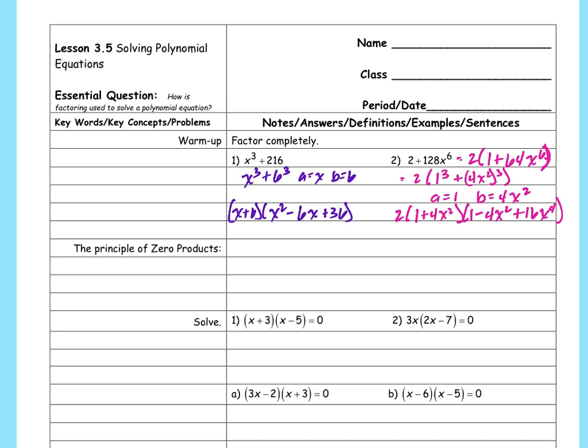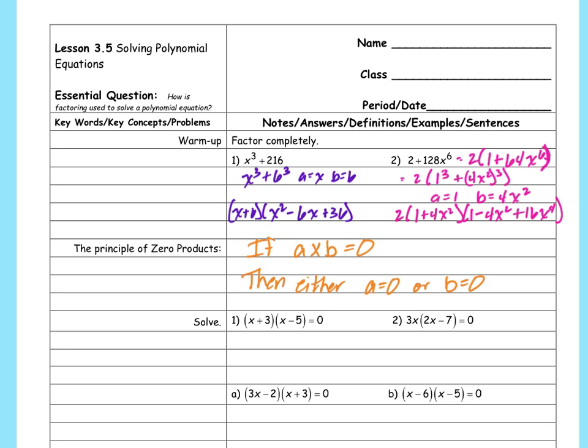It says, if a times b equals 0, then either a equals 0 or b equals 0, right? Basically, if I multiply two things together and get 0, one of those things has to be 0. That's what the principle of zero product says.